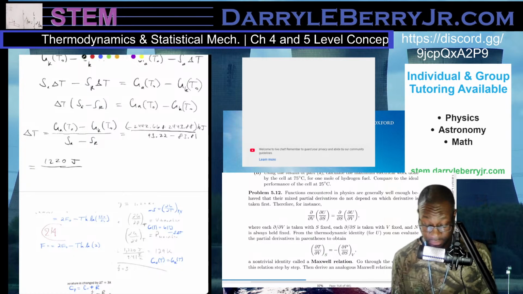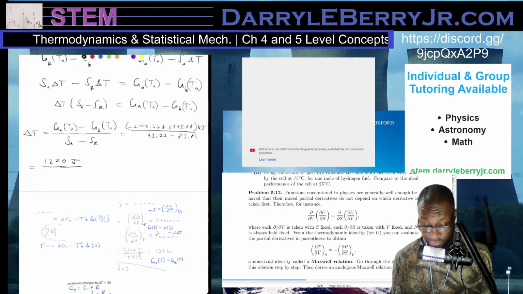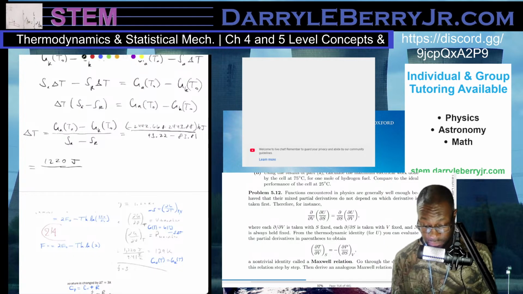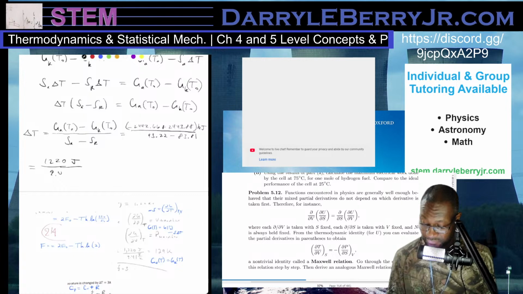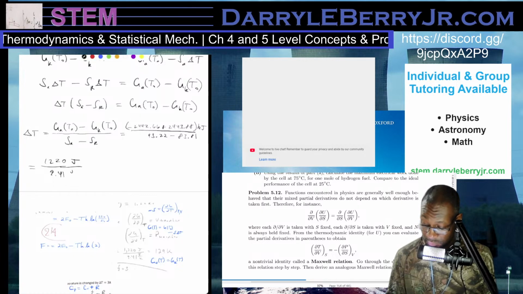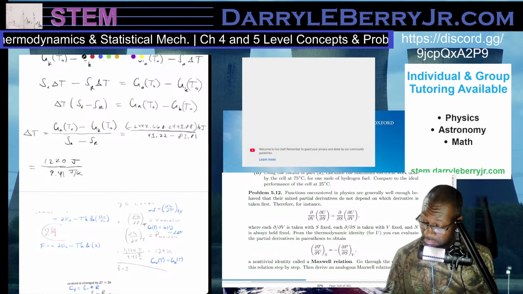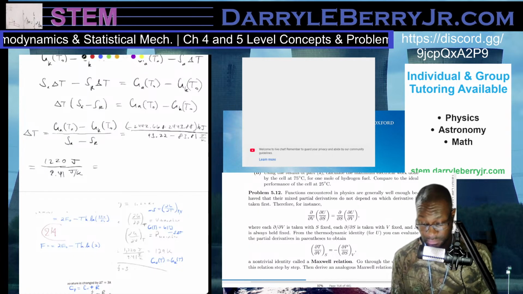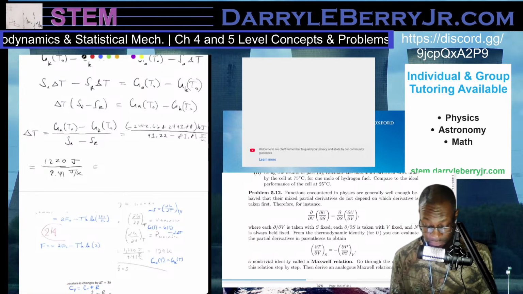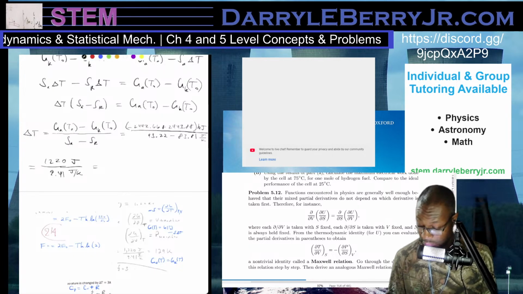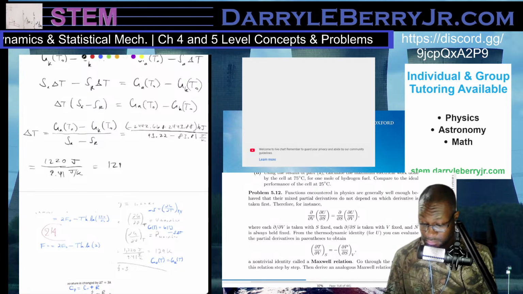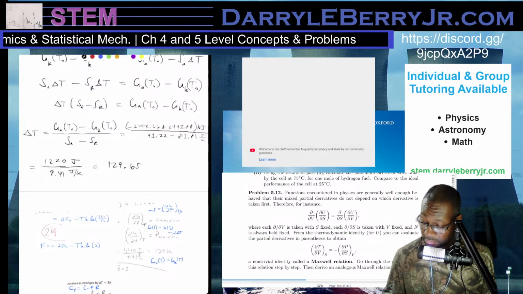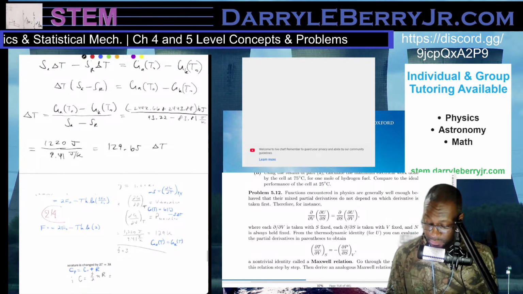And the bottom is 93.22 minus 83.81, so this is 9.41 joules over K. So this equals 129.65. It's a change in temperature.